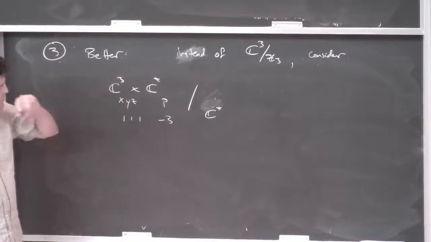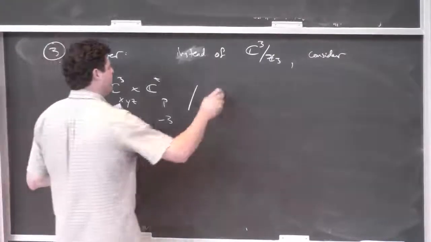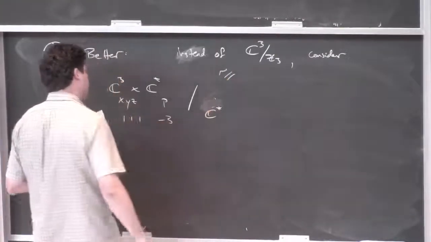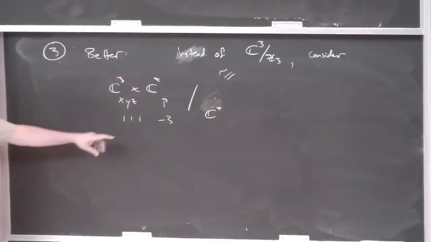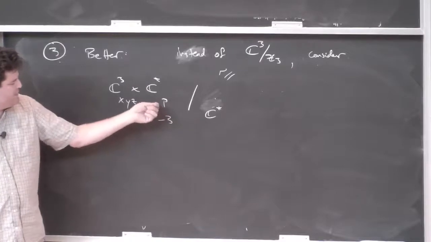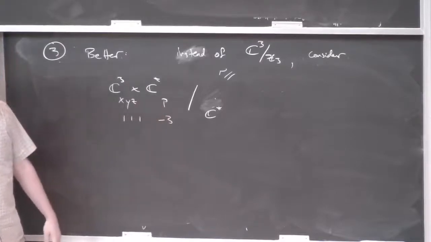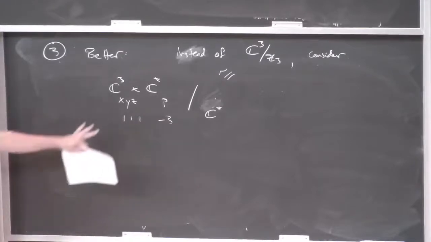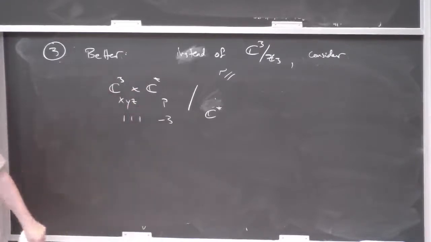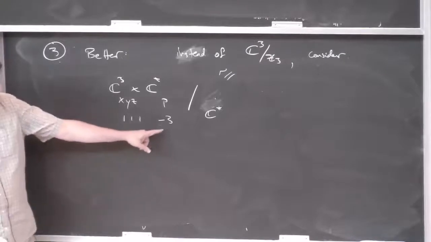So you can see, why are these the same stack? Because if I use this C star to set p equals 1, then every point in this space is in an orbit with p equals 1, but p equals 1 has some stabilizer, because C star is acting on p with weight minus 3.